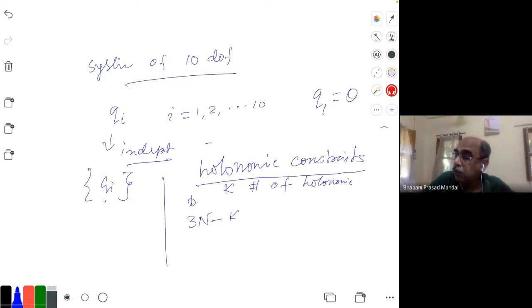Degrees of freedom will be 3n minus k, if k is the number of independent holonomic constraints. And if it is this many degrees of freedom, that will be the number of generalized coordinates.